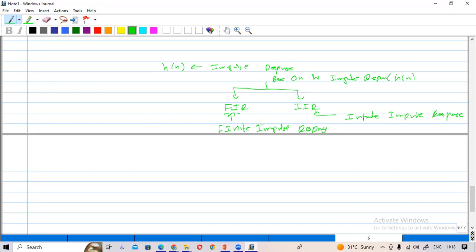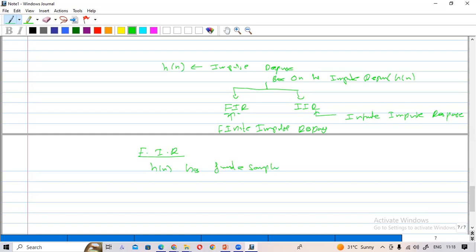Then what is finite impulse response? Finite impulse response means the impulse response has a finite, countable number of samples. If h[n], the impulse response, has finite samples, it is referred to as finite impulse response.